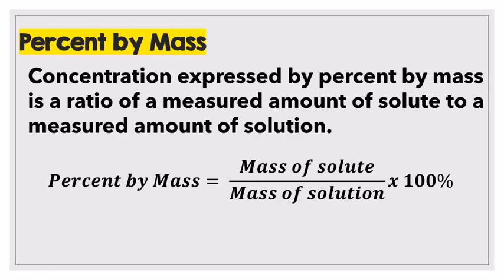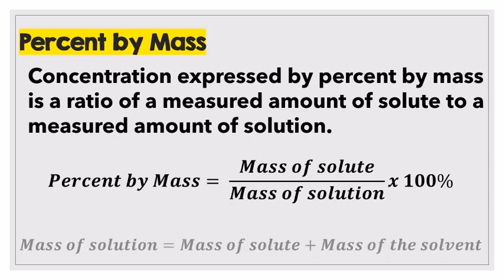Percent by mass is equal to the mass of solute divided by the mass of solution times 100. How are you going to get the mass of solution? The formula for the mass of solution: you just need to get the mass of solute plus the mass of the solvent. So now let's have example problems.